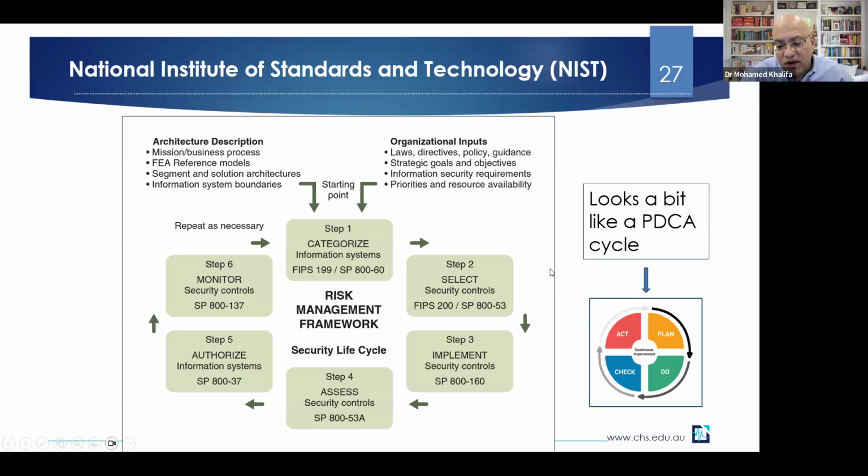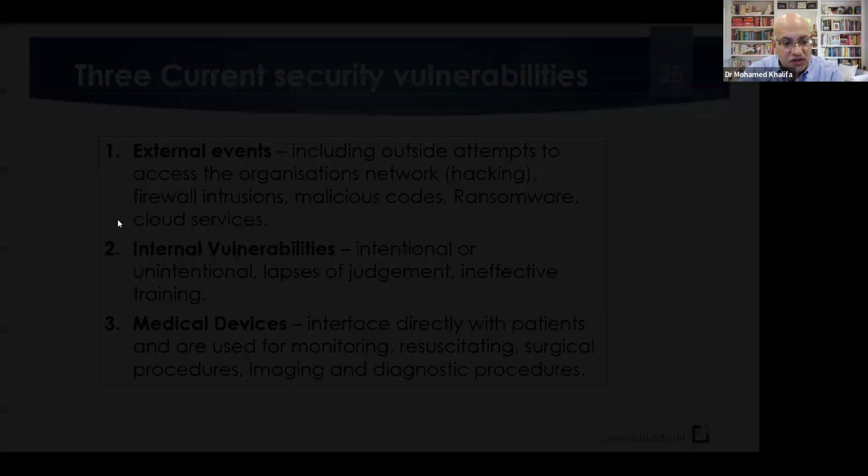And then we also learn, just like the PDCA cycle, which is plan, do, check, and act, from the cyber attacks that happen to the information stored in healthcare organizations.